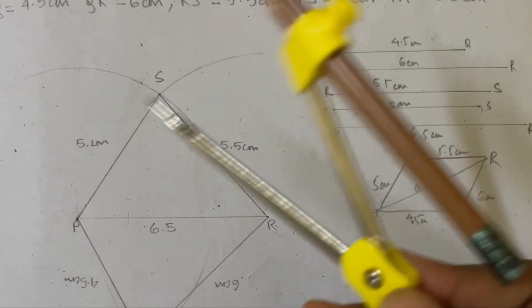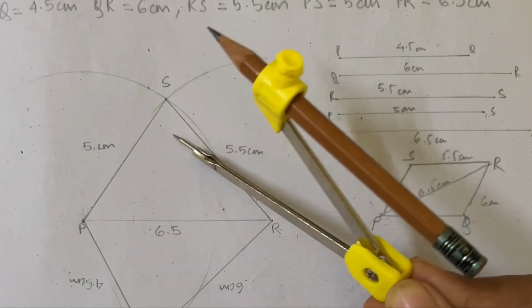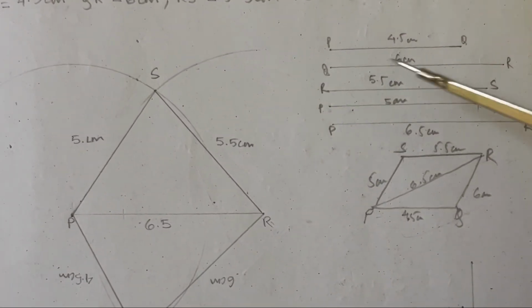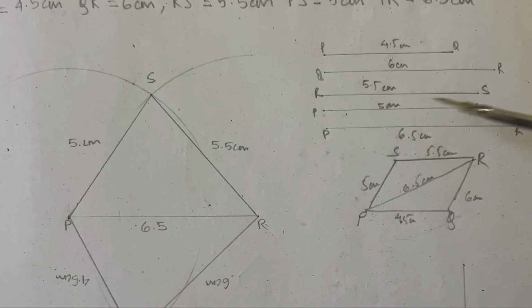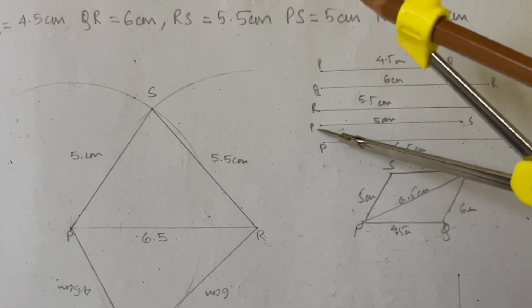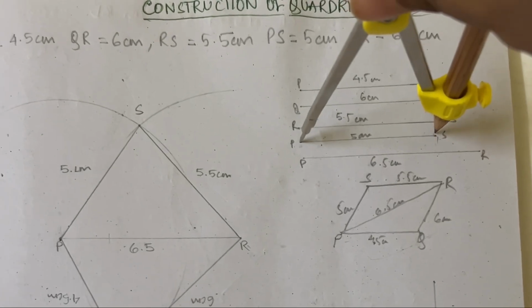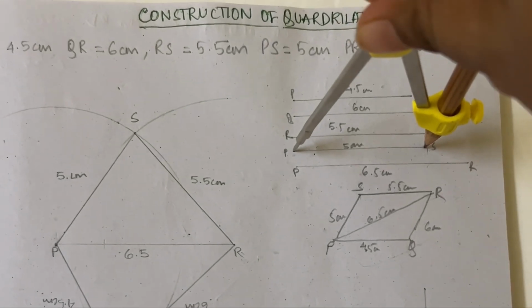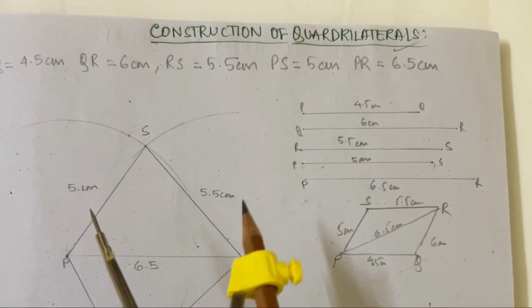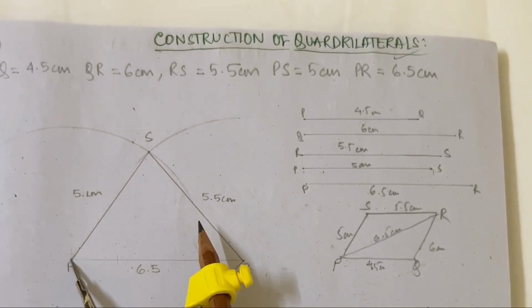For example, if we want to find PS, PS is given as 5 centimeters. So we put the needle in P and measure it with the compass. So we get 5 centimeter. Now we again put the needle in P and draw an arc.